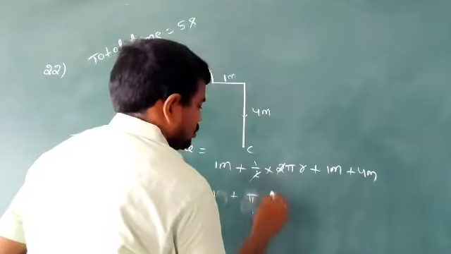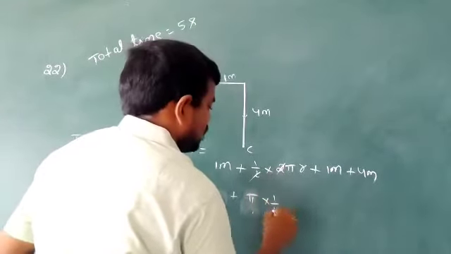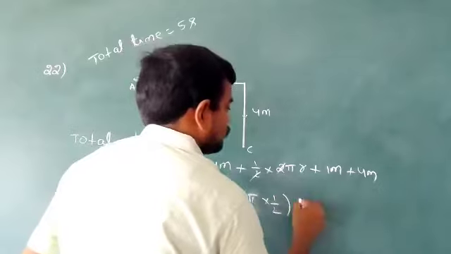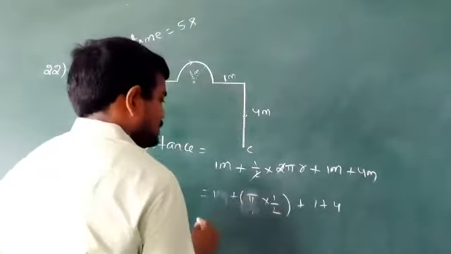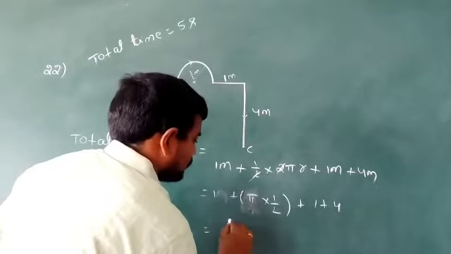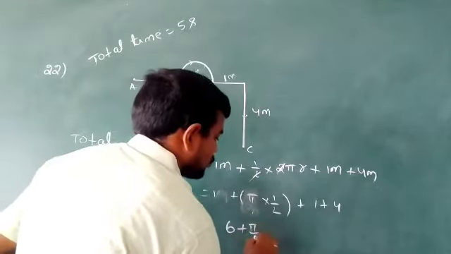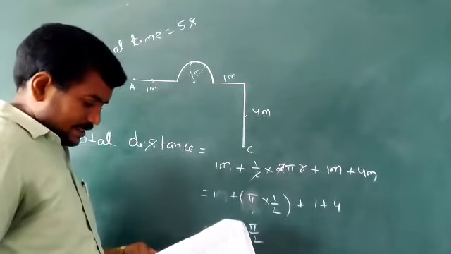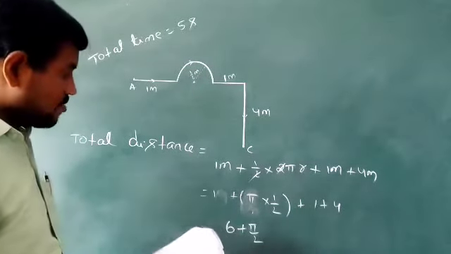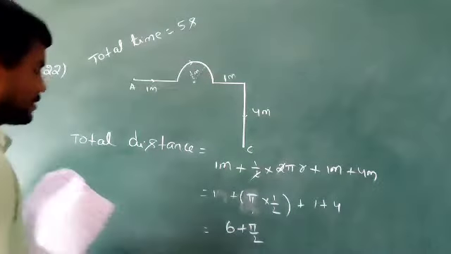Pi, and radius is given as half, plus 1 plus 4. 1 plus 5 plus 1, 6, plus pi by 2. So this is 6 plus pi by 2 is the total distance.